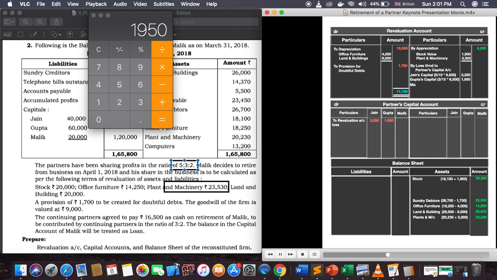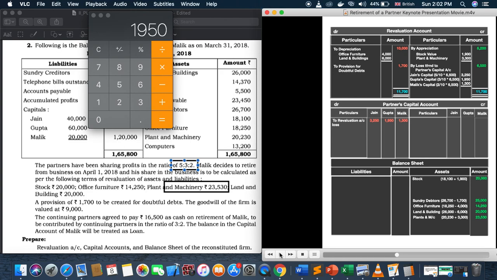We will debit that amount. And similarly, Malik has to pay 2 out of 10, which is 1,300. We'll debit his account as well. And then you total this up and write the 6,500, the balancing figure, and the total amount 11,700. We finished with the revaluation account.